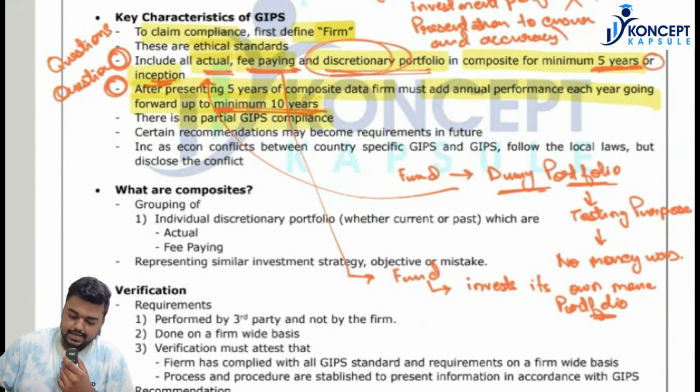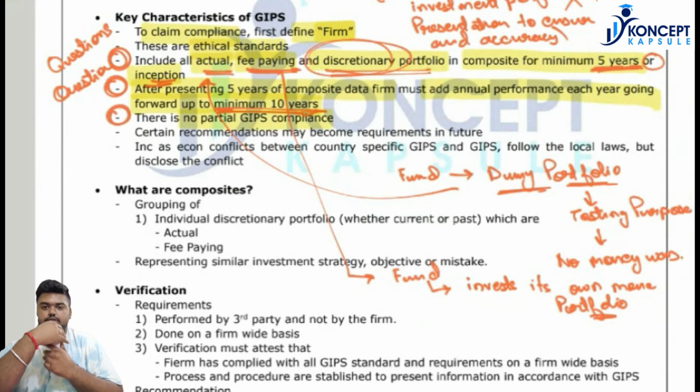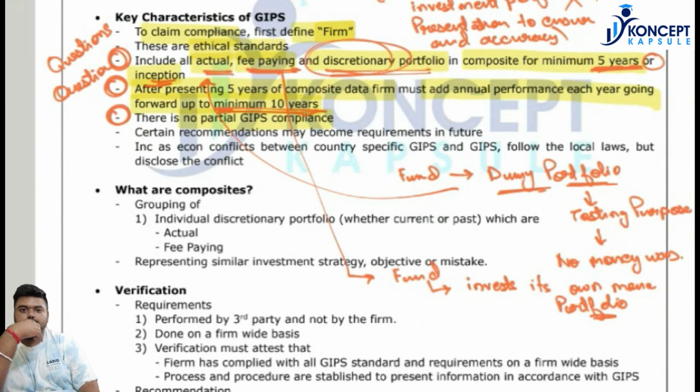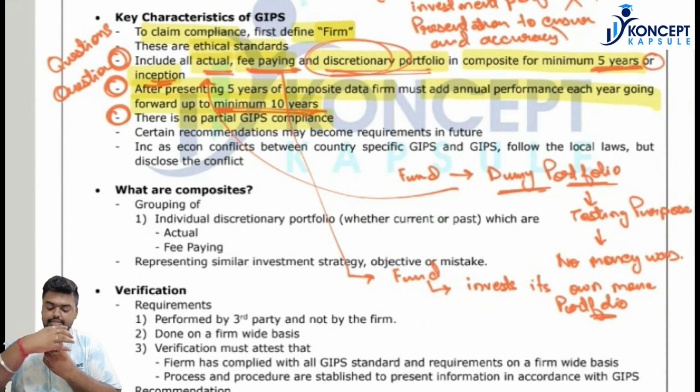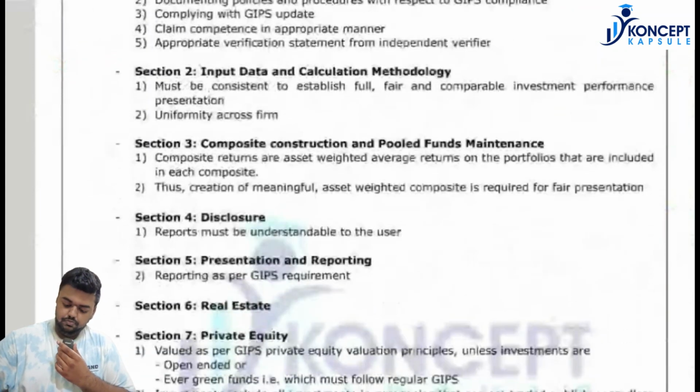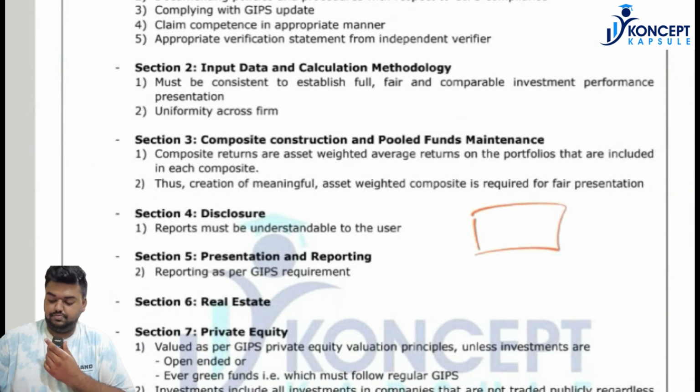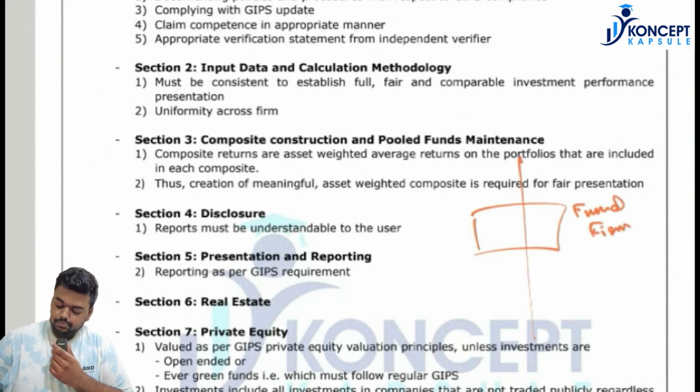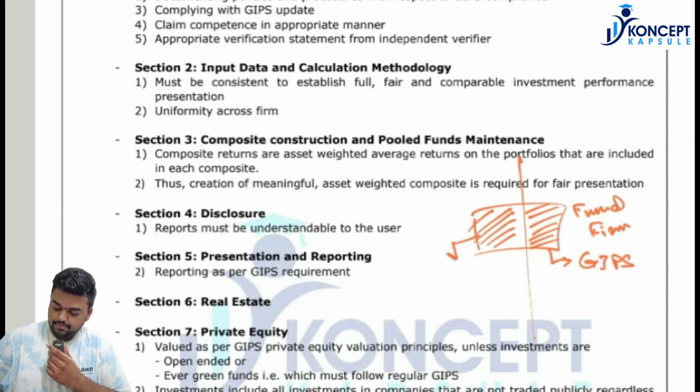No partial GIPS compliance. Again, very important. It means you can easily expect one question on this point. What does this mean? No partial GIPS compliance. It means that you cannot say that I am GIPS compliant on this part of the portfolio and I am non GIPS compliant on that. So for example, if this is my fund, which I am defining as a firm, you cannot say that this portion of my fund is GIPS compliant and this is non GIPS compliant.